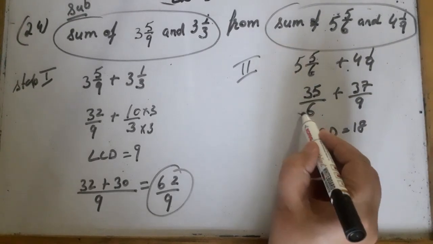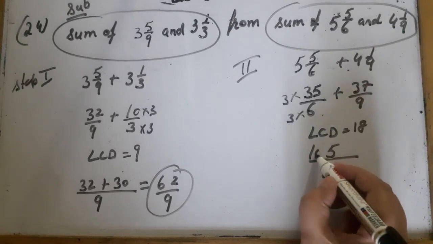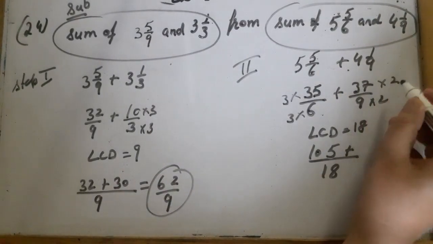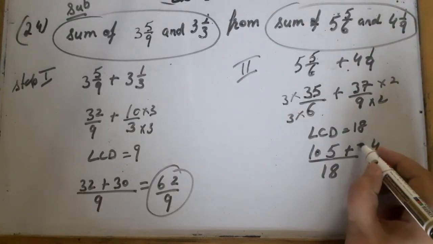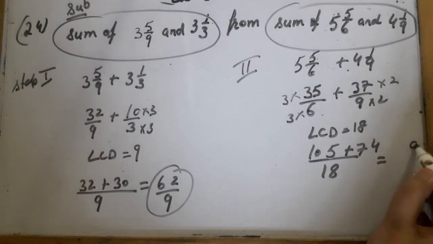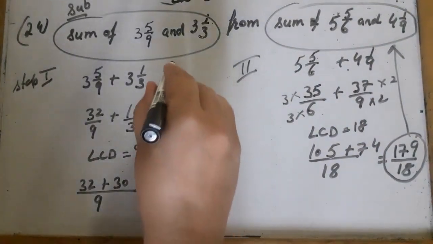Now 6 3s are 18, so 35 3s will be 105. 9 2s are 18, so 37 2s will be 74. So now when you add them, 179 upon 18. So this is the sum of this, and this is the sum of this.